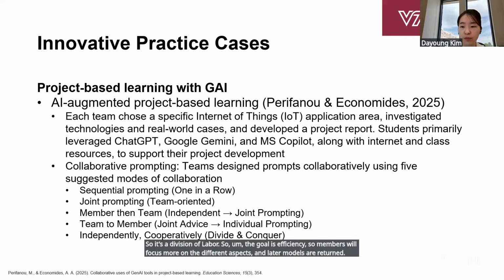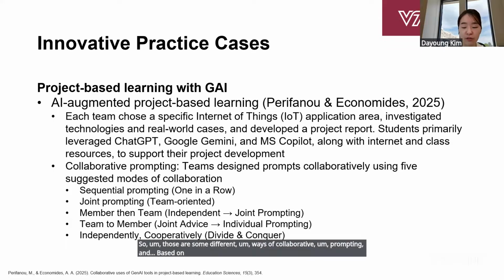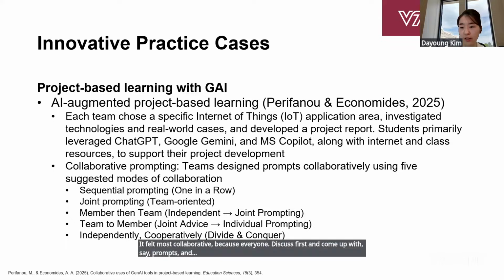So those are some different ways of collaborative prompting. Based on their trial, they found that students' most preferred option was the second one, the team-oriented, because it felt most collaborative: everyone discusses first, comes up with a prompt, and revises again and again.